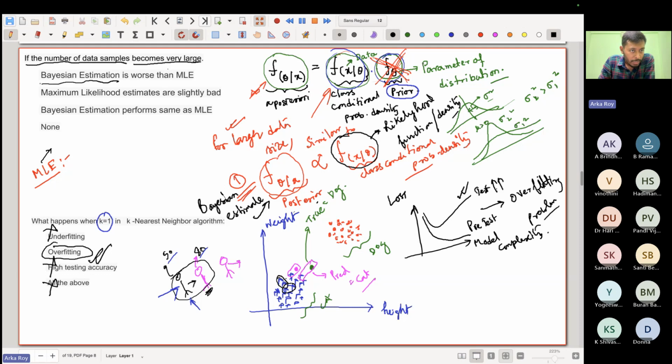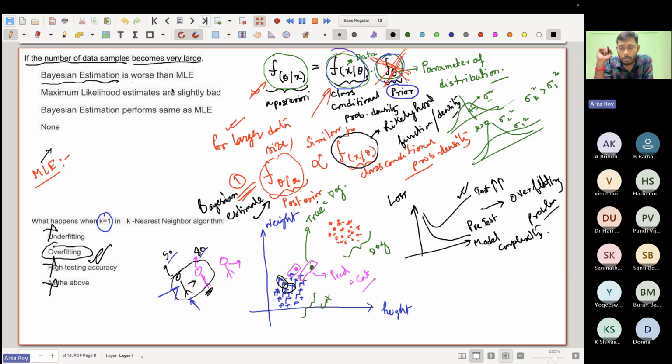So the first option states that if you have larger amount of data, Bayesian estimate is worse than MLE. This has no relation, frankly speaking. MLE tries to extract the parameter of the distribution. You know the shape of the distribution, but you do not know the value of the parameter.